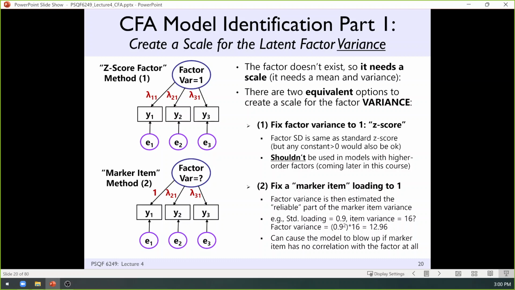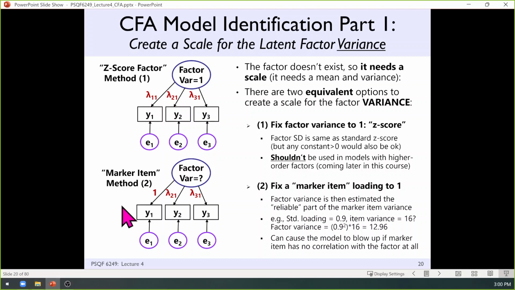Something's got to be 1, is how this works. So if you say the factor variance is 1, that's fine. Then the loadings can be whatever. Let's say that item 2 is much better than item 1. So item 2's loading might be 0.8 and item 1's loading might be 0.4. Cool.